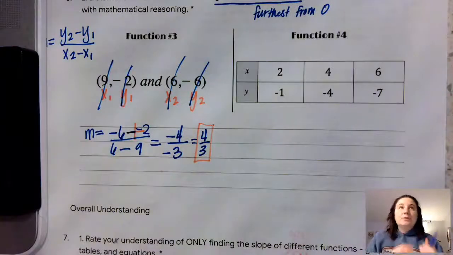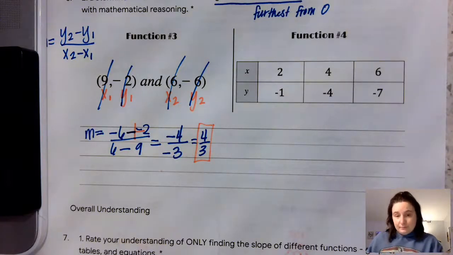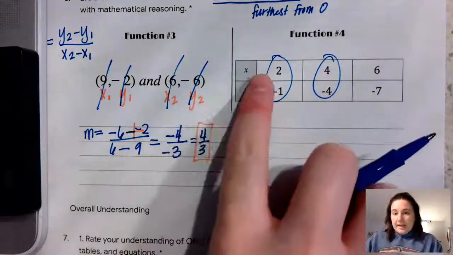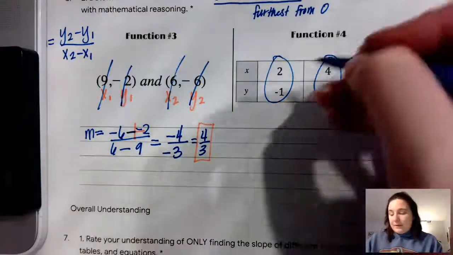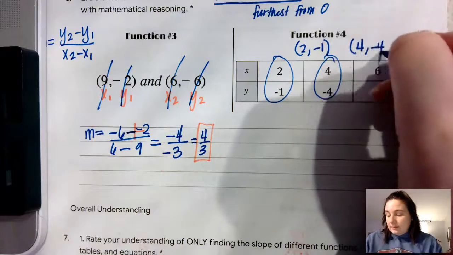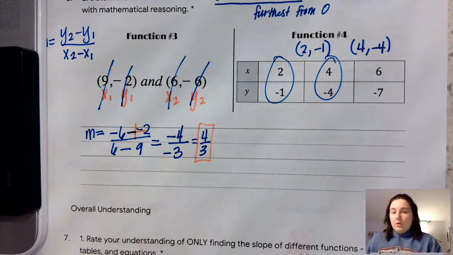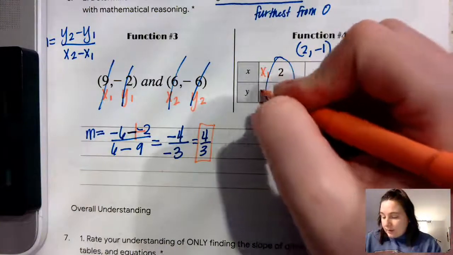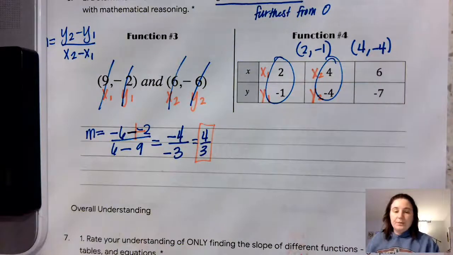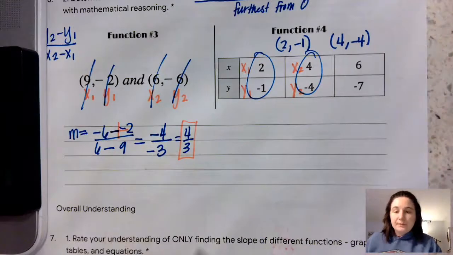Now with a table, you do almost the exact same thing, but you have some flexibility in which points you choose. So you can choose your 2 favorite, or the 2 that are going to be the easiest to do the slope formula. So I'm going to choose this point and this point, and the x's are on top, the y's are on bottom, so I can either rewrite it like this and do it the same way, or I can label x1, y1, x2, y2, and plug them into my formula that way.